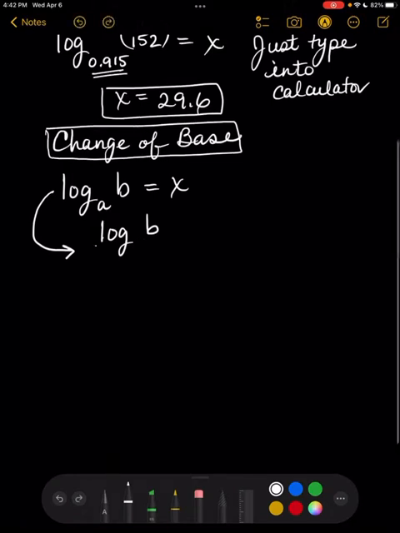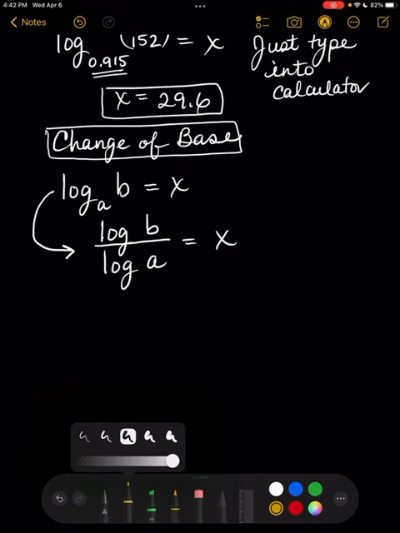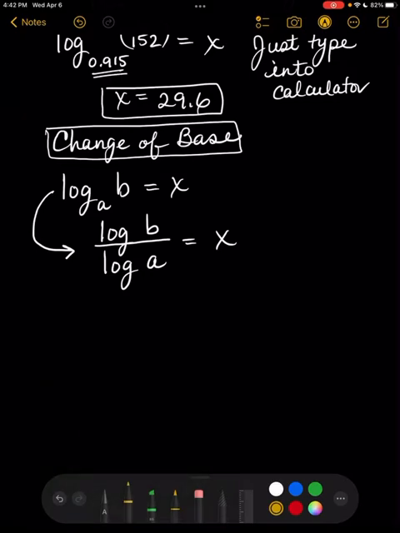And that will give you your x. So what in essence you did, I'm going to write it in yellow here. You basically are assuming the base is 10. That's why you are changing the base. And you're changing the base from 0.915 to a 10.